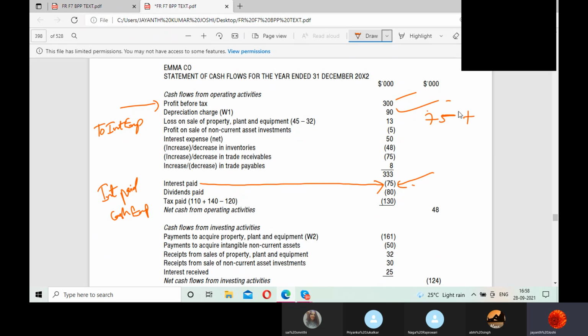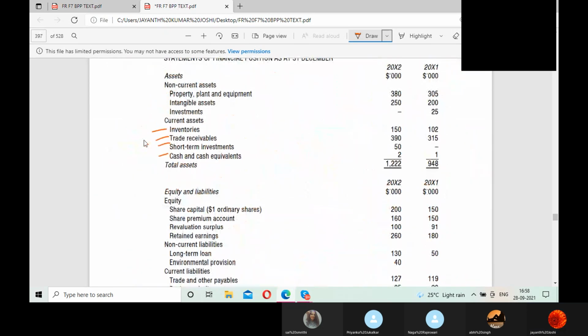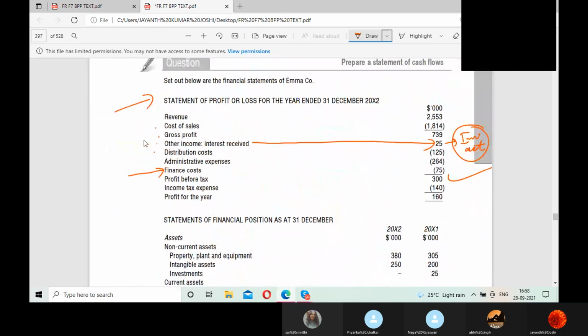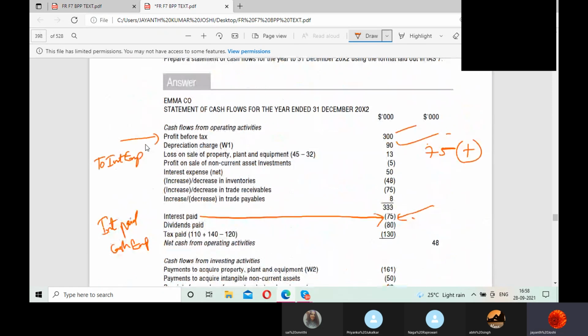You can add this. Why? Because it's a non-operating nature expense. One more thing. You also received interest. So interest received is a non-operating nature income. You need to subtract it. So we will subtract.